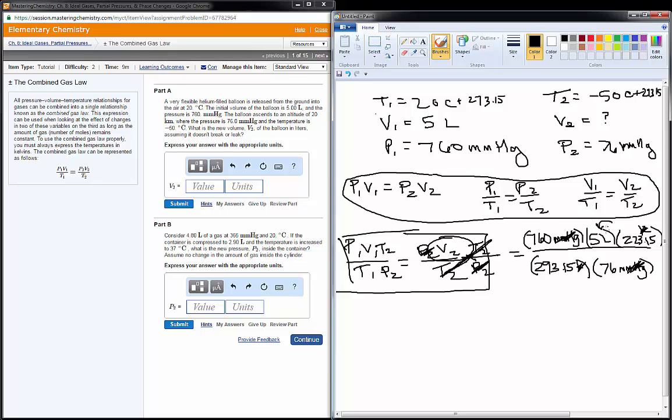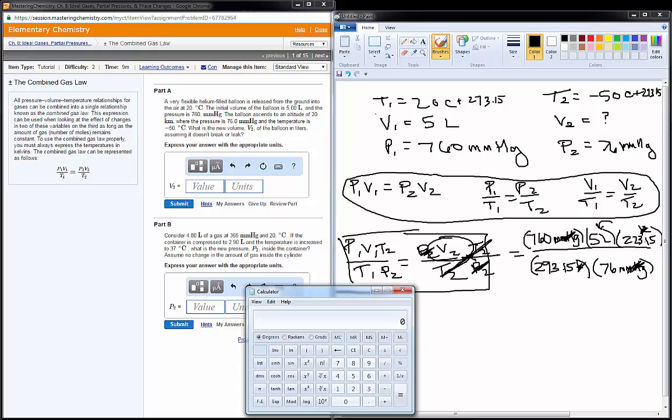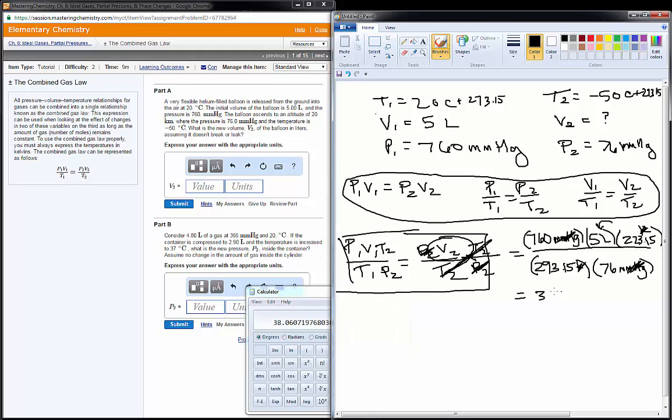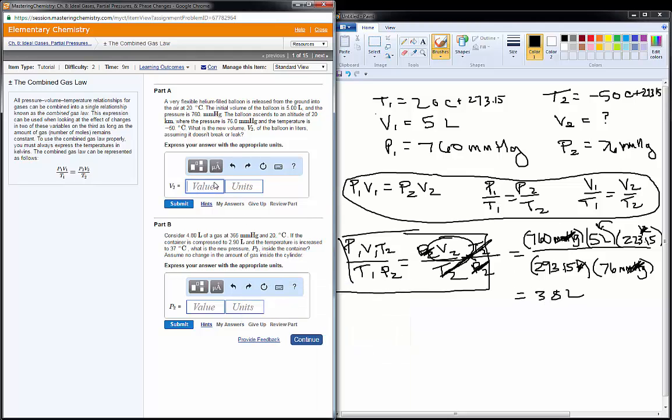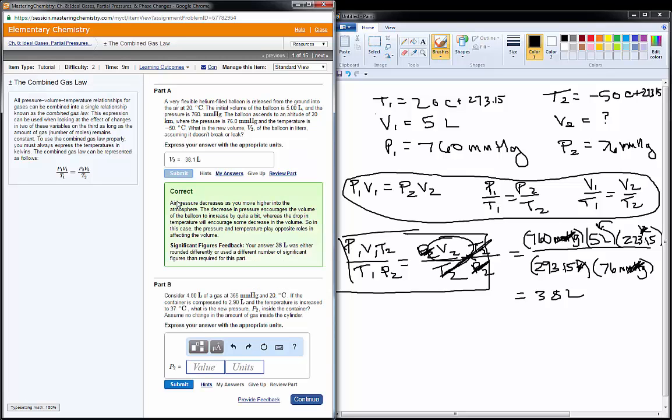We're left with units of liters, which is great because that's what we're solving for, volume. So if I just plug these in, 760 times 5 times 223.15 divided by 293.15 divided by 76 gives me a final volume of 38 liters. All right, let's plug that in. 38 liters. There we go.